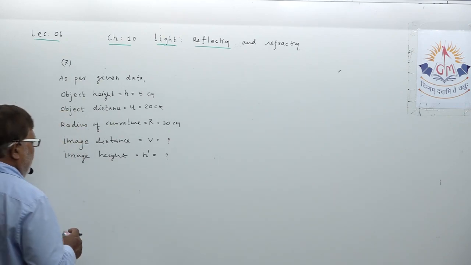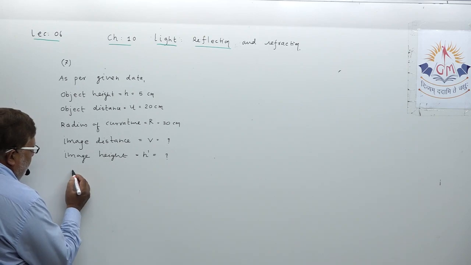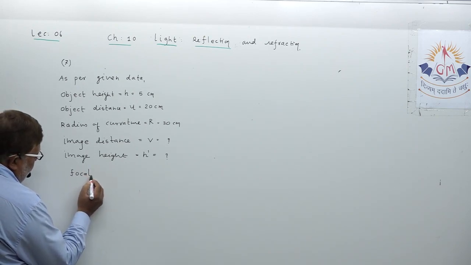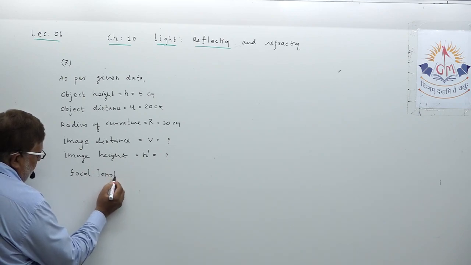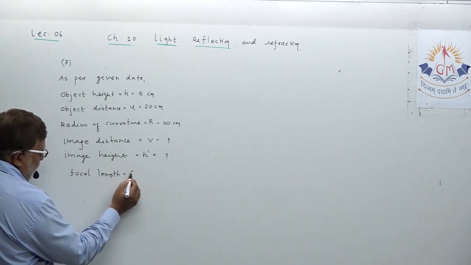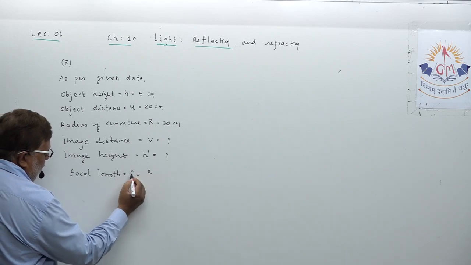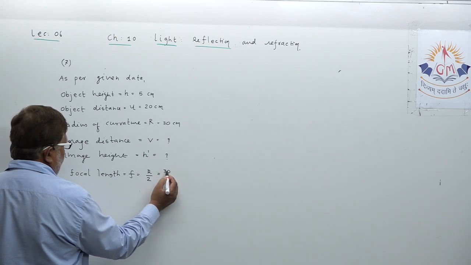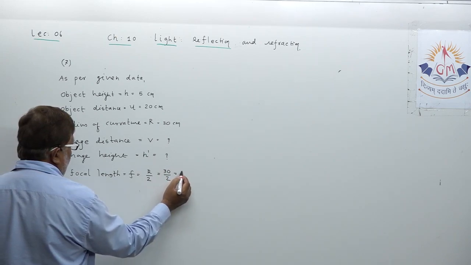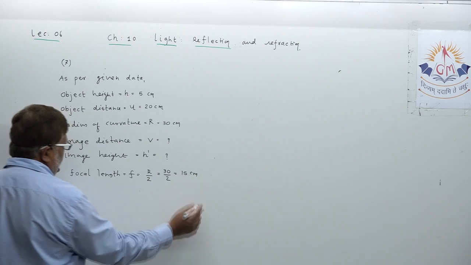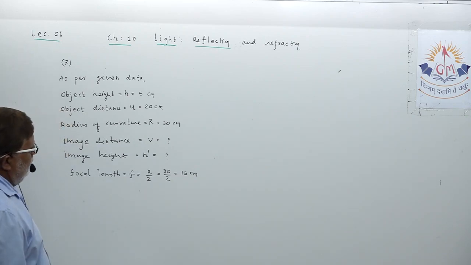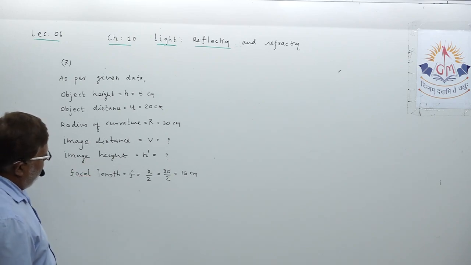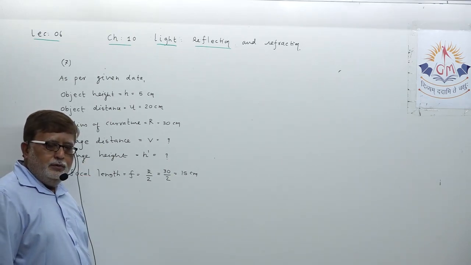You all know the relation: focal length F equals R upon 2. Radius of curvature is 30 upon 2, that is 15 centimeter. This is the data and the required information we have.